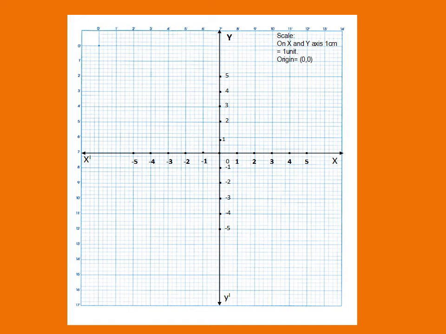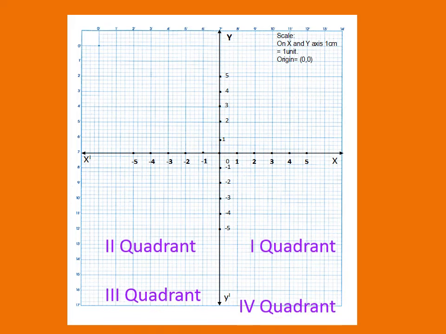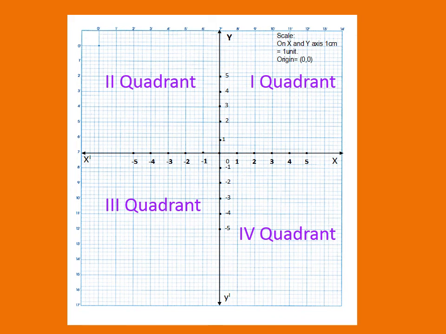My dear friend, you need to write down x and x dash, y and y dash in the same way as it is given. Clear? Now, since I have drawn the same number line on the graph, the graph page has given me 4 chambers. Correct? First quadrant, second quadrant, third quadrant, fourth quadrant.